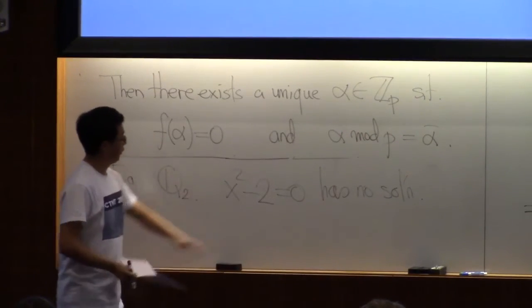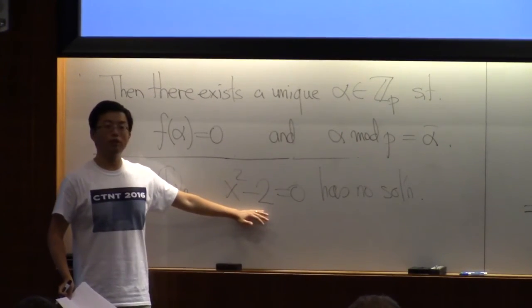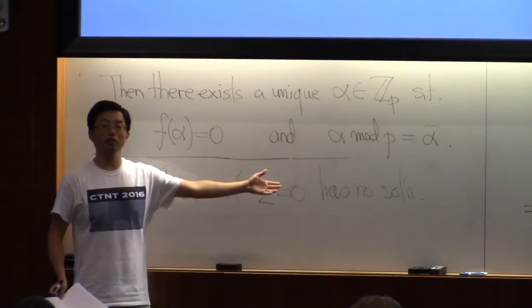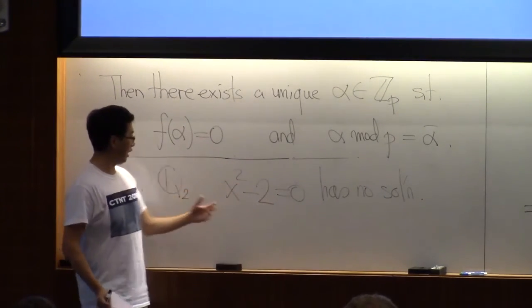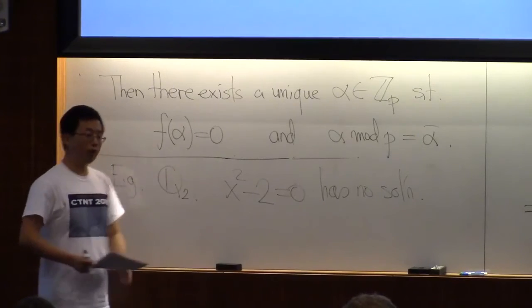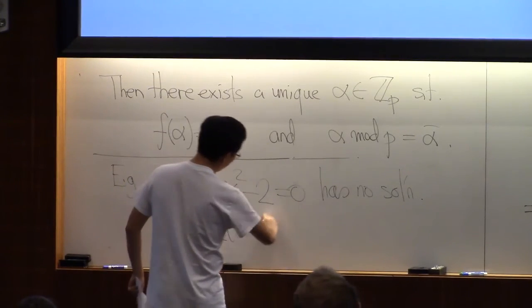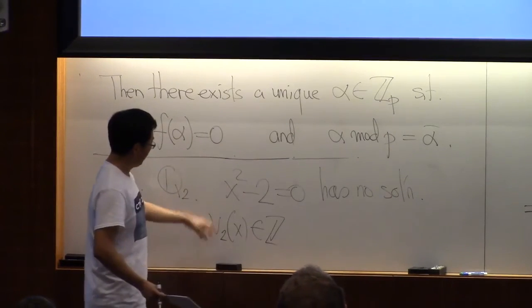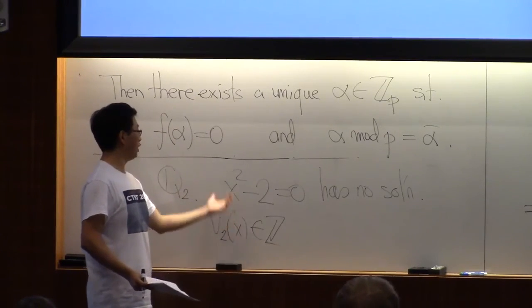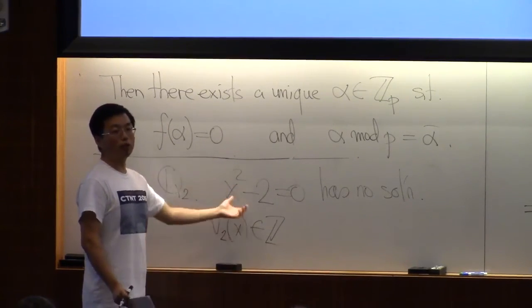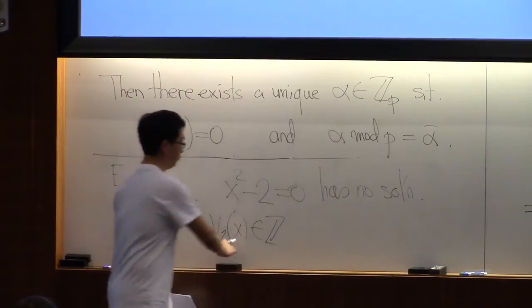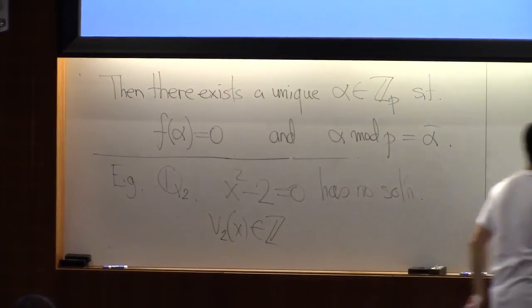Modulo 2, this equation reads x squared equals 0, which definitely has a zero, 0. But this one doesn't have a zero in Q2. Basically, if you look at the 2-adic valuation of x, it's always an integer. So the 2-adic valuation of x squared must be an even number. But the 2-adic valuation of 2 is 1. So they can't be equal. So there's no solution.